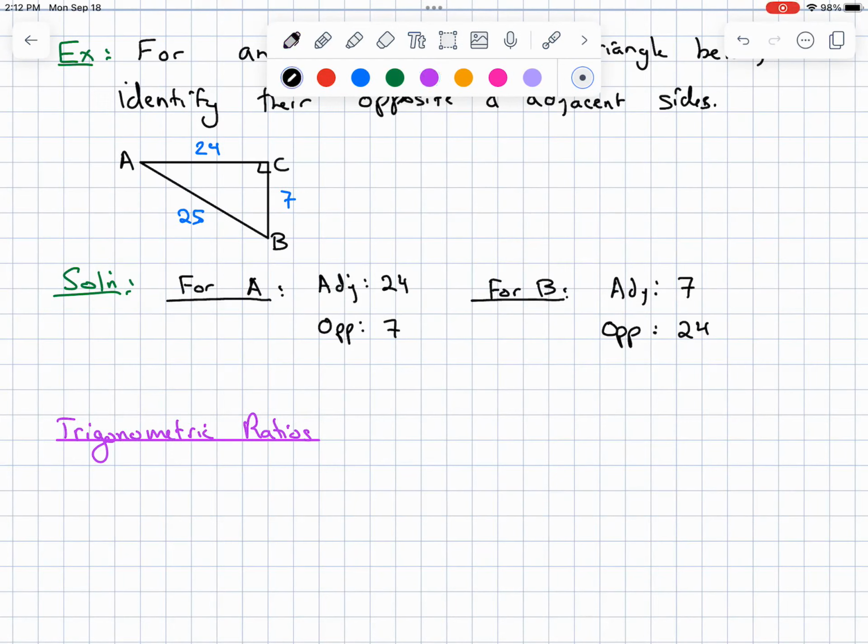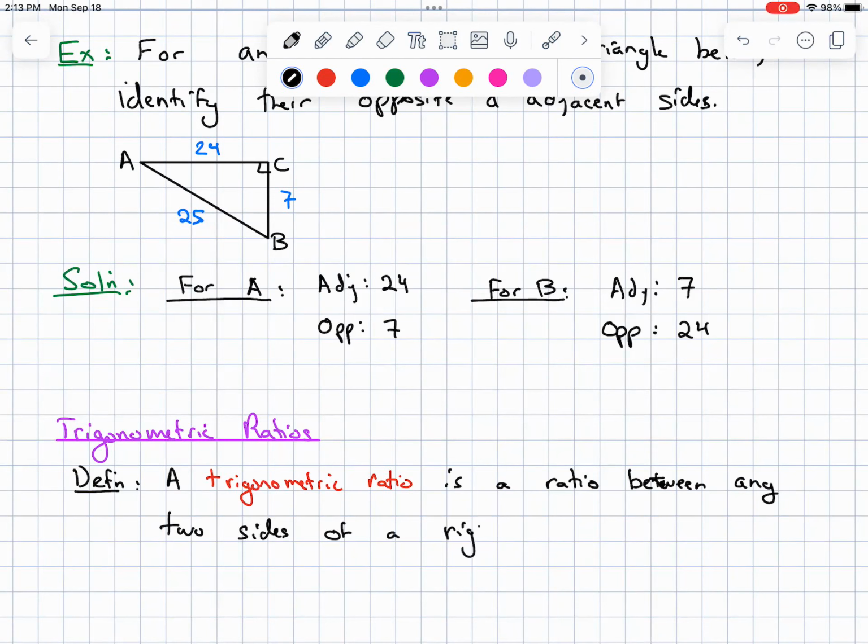So, definition: a trigonometric ratio is, of course, a ratio between any two sides of a right triangle.